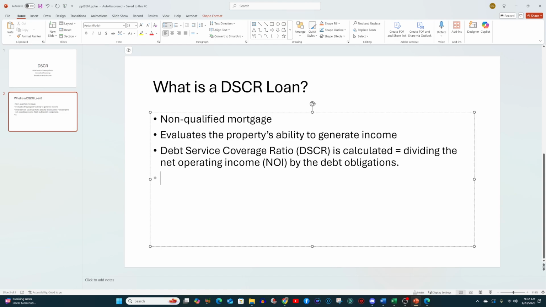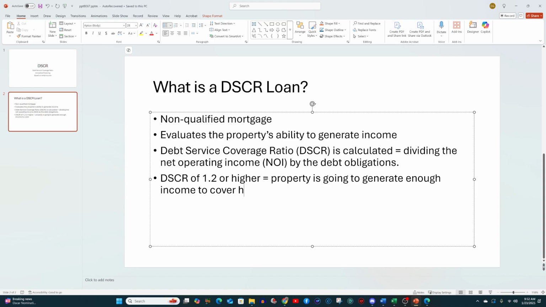It varies from lender to lender. So they want a DSCR of 1.2 or higher. And that basically indicates that the property is going to generate enough income to cover its debt and provide a buffer.